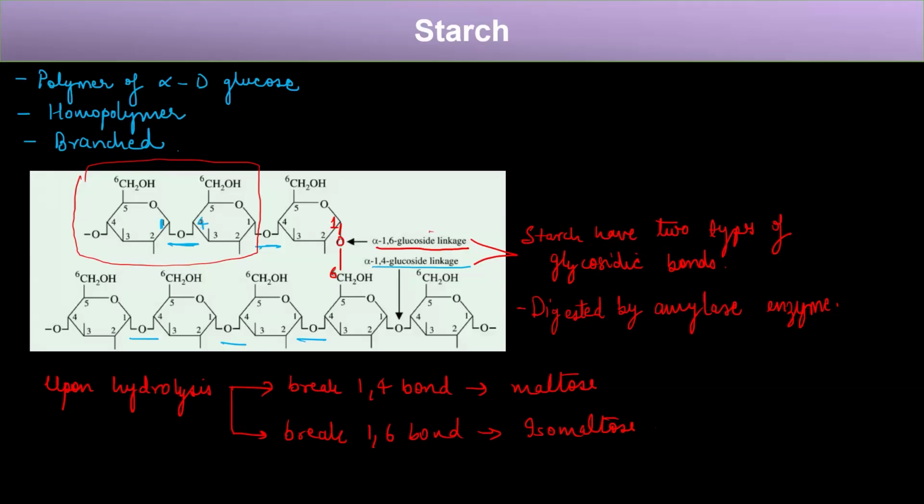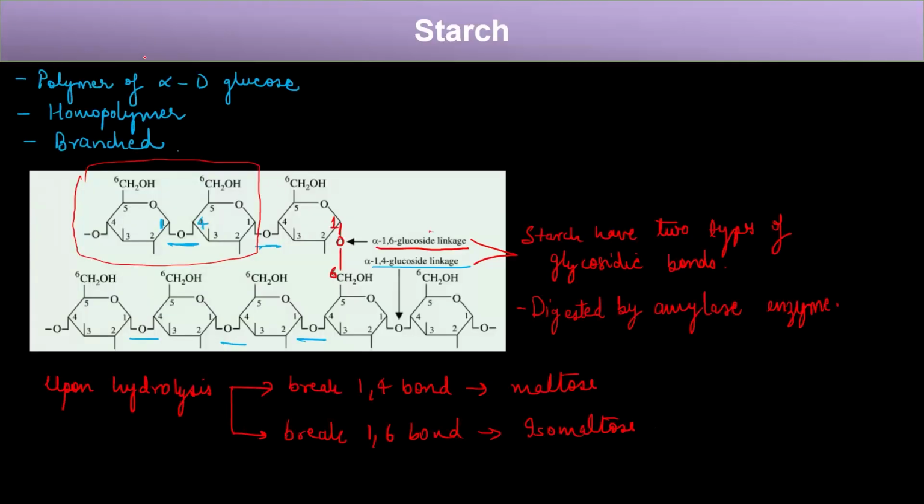Now, what else do we have to study about the starch? This is only two lines, but if you draw the starch, it will look something like this. In this, you see it has two parts. The first part is completely linear, and the second part has some kind of branching.